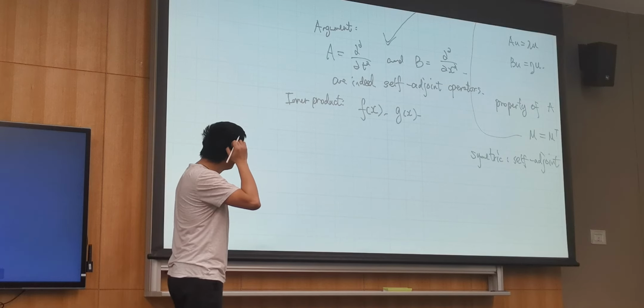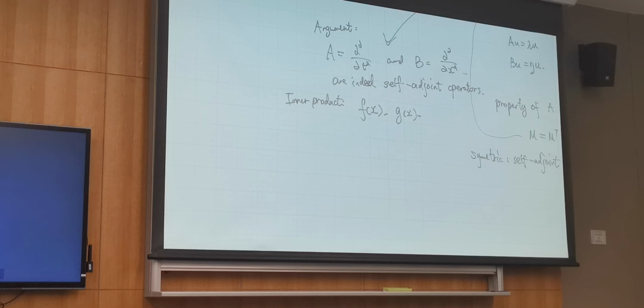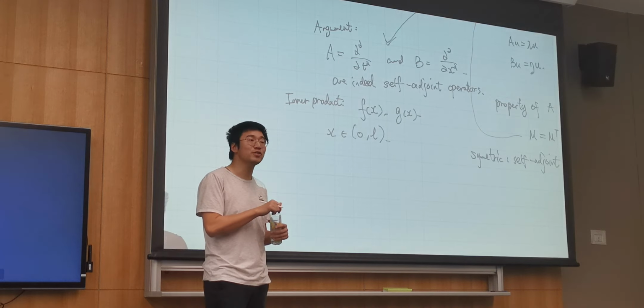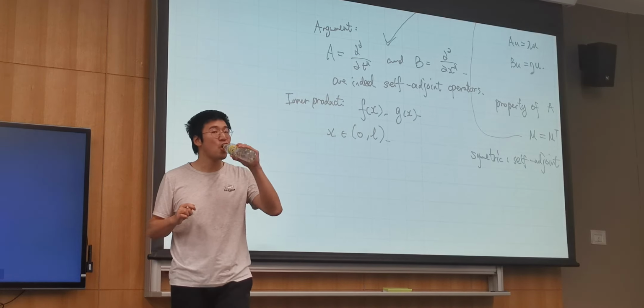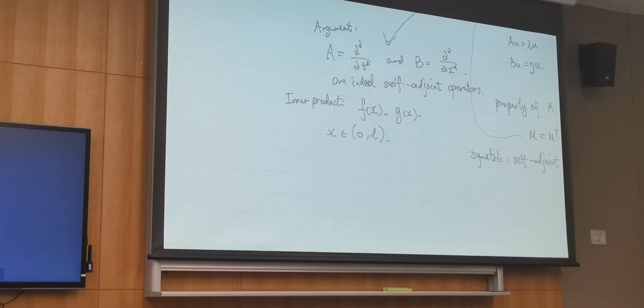Well, how to define the inner product between two functions, f(x) and g(x)? Suppose that here again my x is defined on 0 and L. How do I define the inner product between two functions? Integral. Well, now I probably have to use this one.